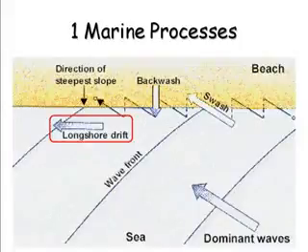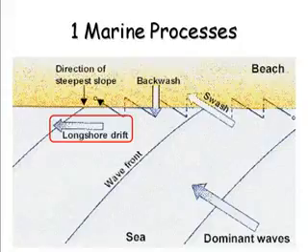The process of transportation by the action of the sea is another one that you should be aware of. Longshore drift. It happens where waves hit beaches at an angle. The direction of the waves will be determined by the prevailing wind direction. So if the prevailing wind hits a coast at an angle, then the dominant wave direction will follow that and also hit the coast at an angle.